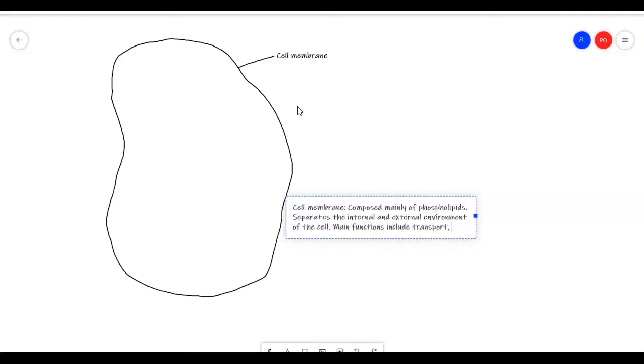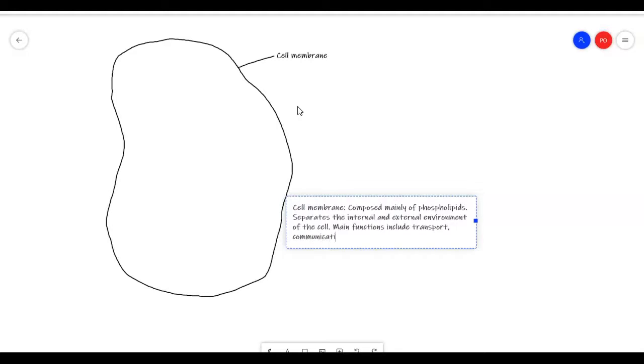Transport, but it also has the ability with special proteins in the membrane to sense the external environments. So for example, your cells that receive hormones from other cells, for example, your adrenal glands close to the kidneys will secrete hormones into the bloodstream, and they will attach to the proteins on the outside of or in the cell membranes of other cells, and that will change how those cells function.